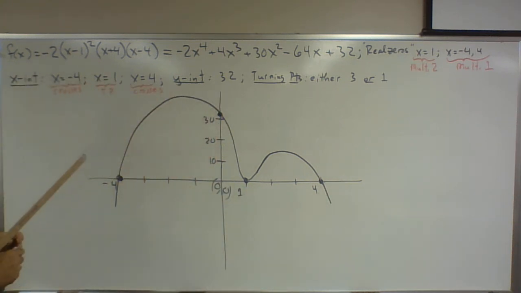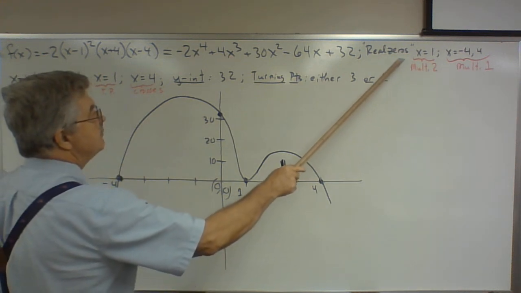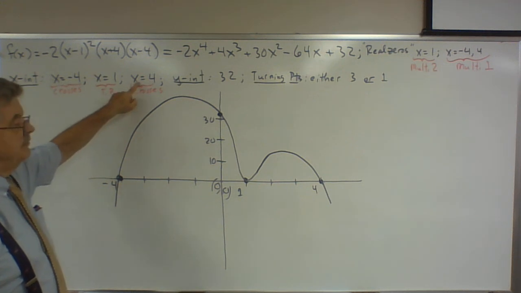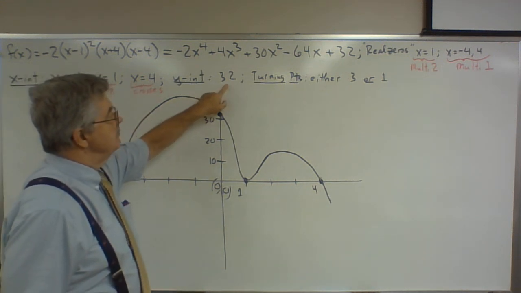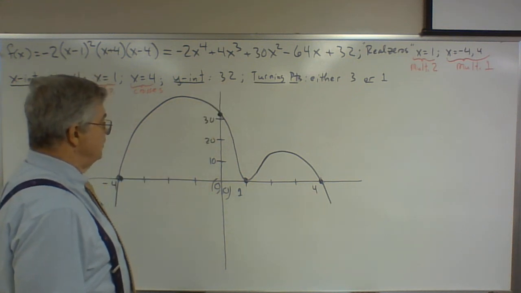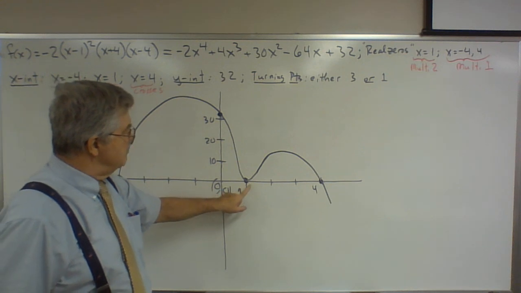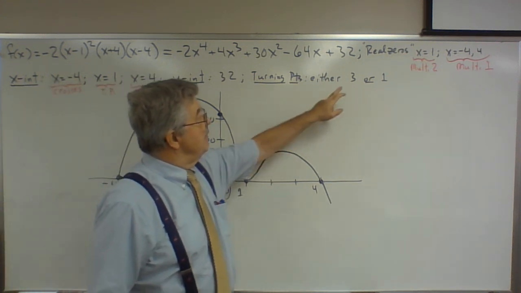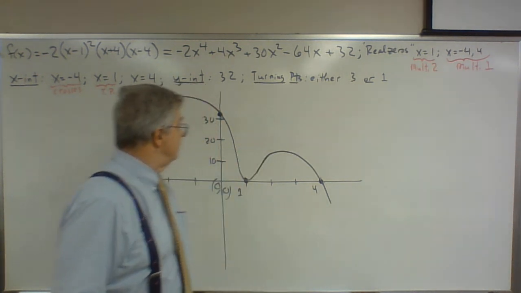Now, what have we taken into consideration here? We've taken into consideration the real zeros, which are also the x-intercepts. We've plotted the y-intercept. And turning points, let's see, we have a turning point here, here, and here. 3 is the maximum number of turning points that we can have.